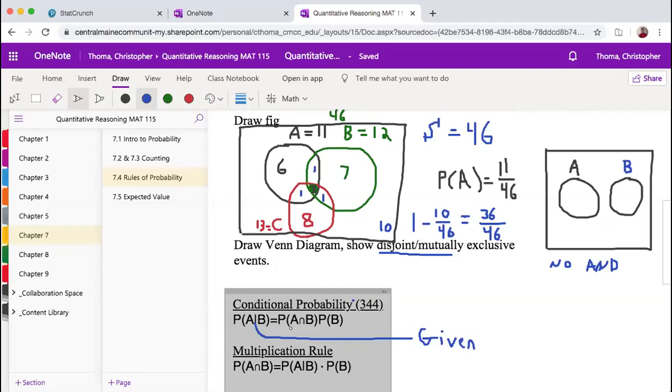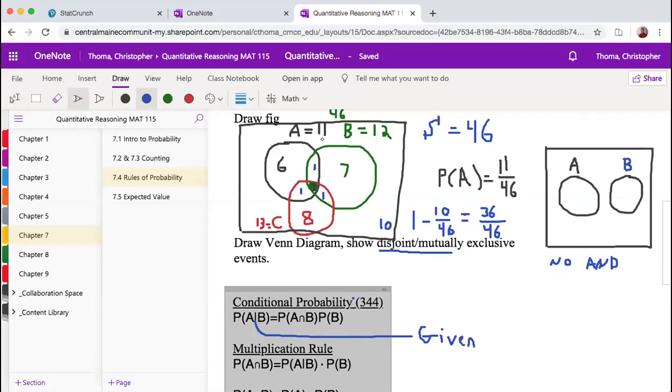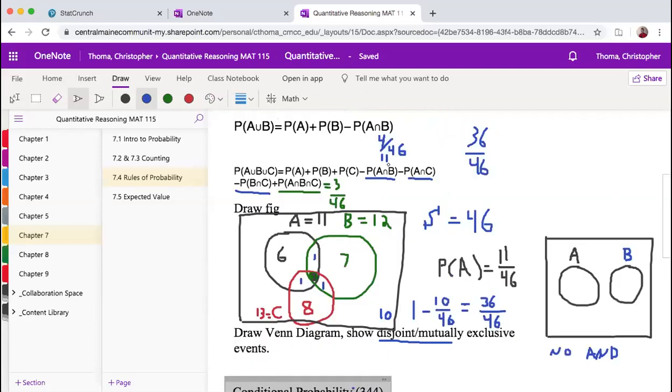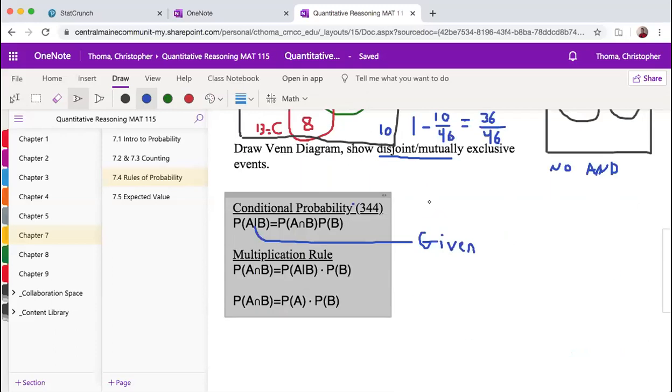So there's a formula for it again. If you take your and and multiply by the probability of what you're given, then you'll get your answer. So just using our example, what is the probability of A given B? Put numbers to it from our Venn diagram. Well, the probability of A and B, which we found before, was 4/46.